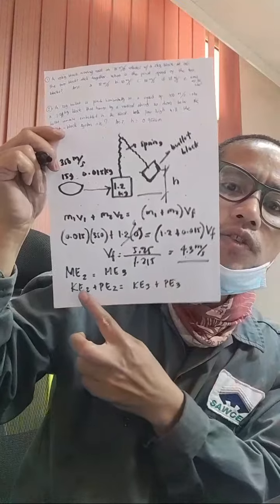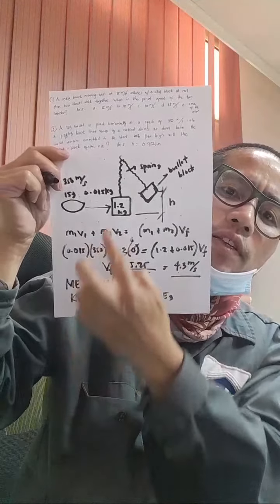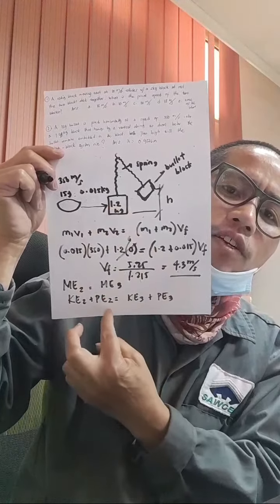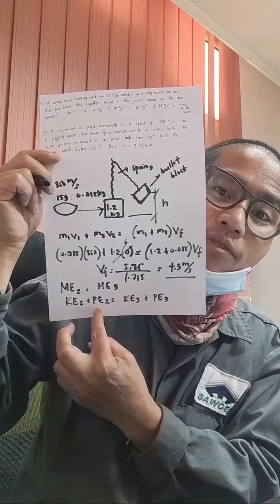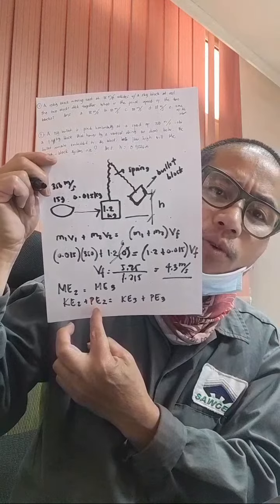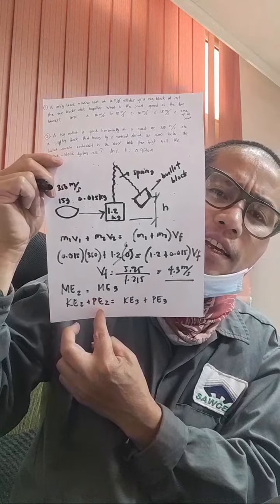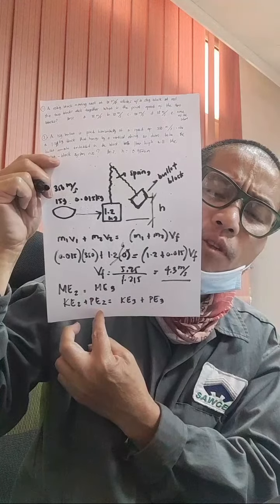Okay, so since there's no height yet, from the formula mass times gravity times height, it is automatically zero because there's no height yet. Potential energy is zero.